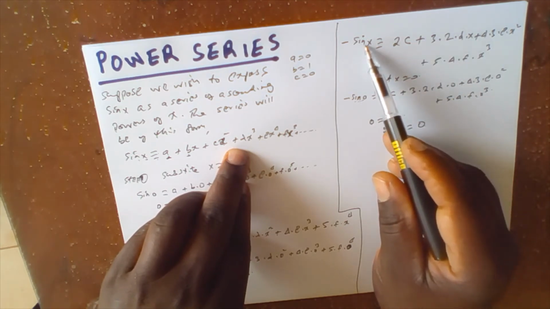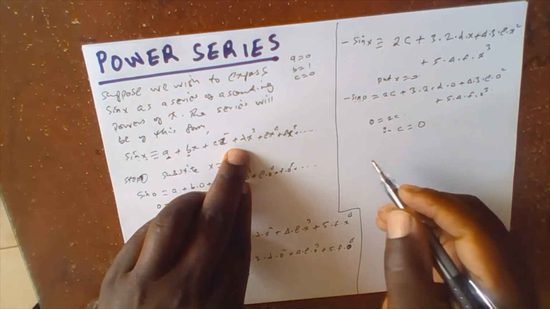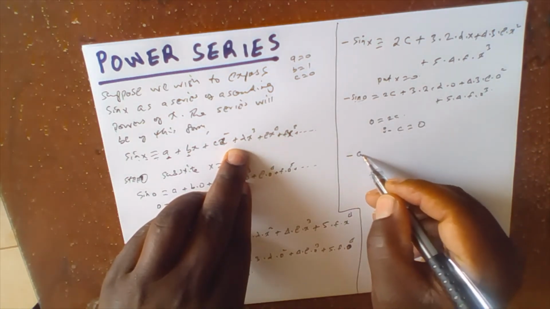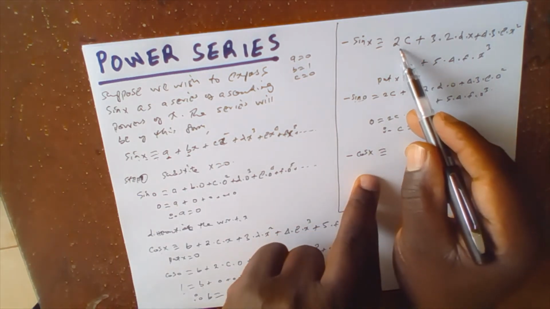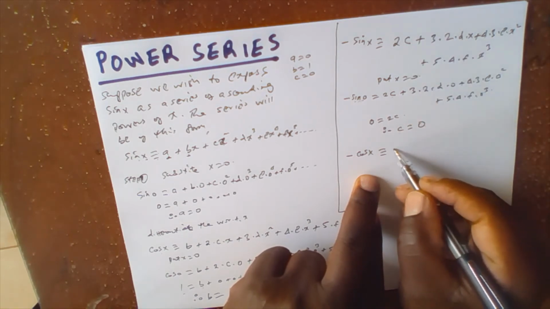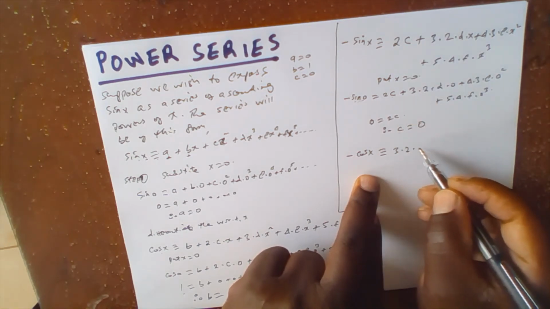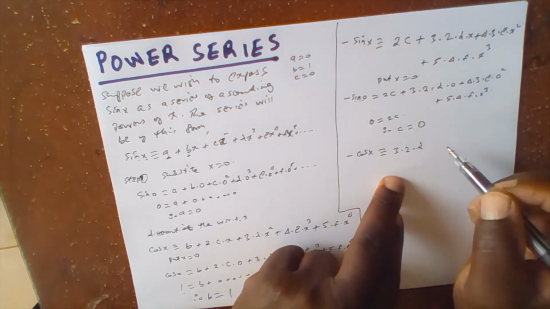So when you differentiate sin x, you get cos x, but we have a negative here. So we shall have negative cos x equivalent to, when you differentiate 2c, because it's a constant, you get 0, so we remain with 3 times 2 times d. When you differentiate x, you get 1, so we have this.